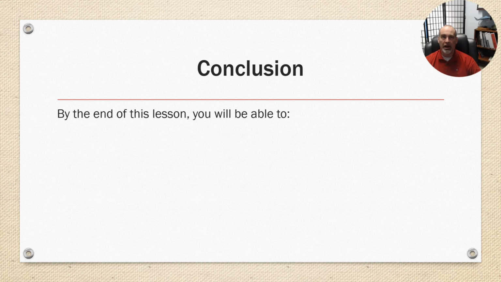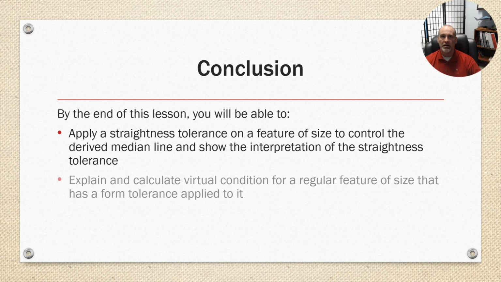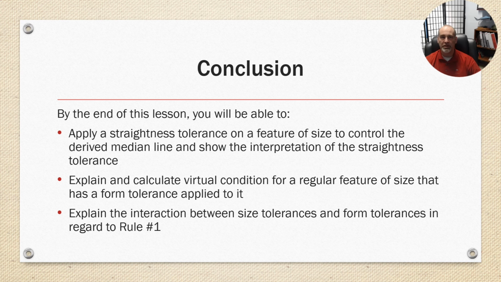You also applied straightness tolerance on a feature of size to control the derived median line. You also explained and calculated virtual condition for a regular feature of size that has a form tolerance applied to it, and explained the interaction between size tolerances and form tolerances in regard to Rule Number 1.